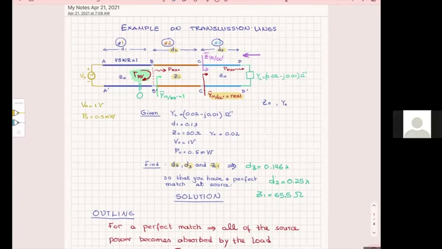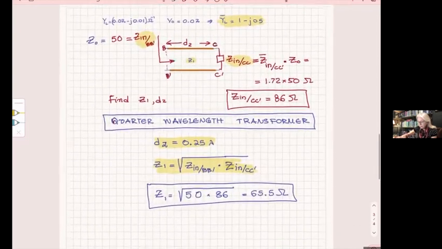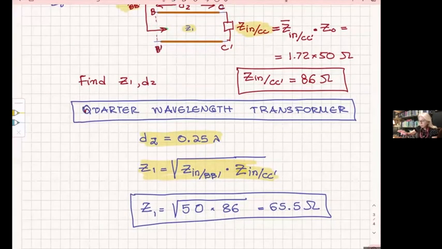Okay. I had one about the problem we just did. Why did you choose the input at CC prime to be real? Because then I can use the quarter wavelength transformer, because it has to be real for this to work. A quarter wavelength transformer cannot work unless the load is real.